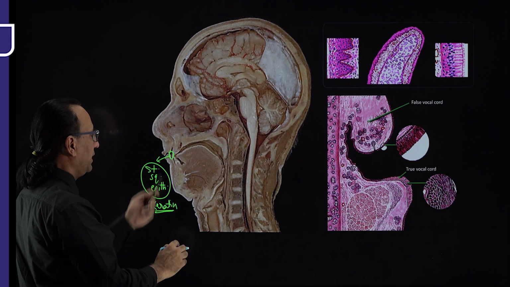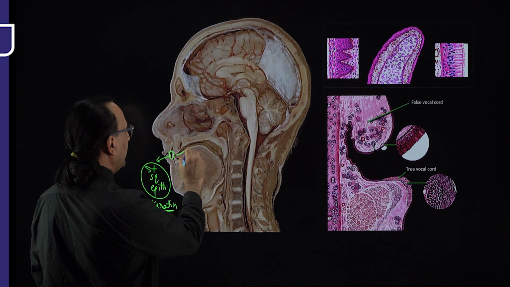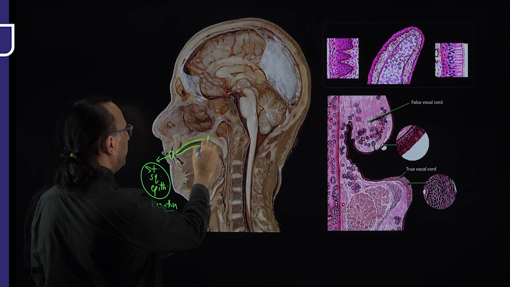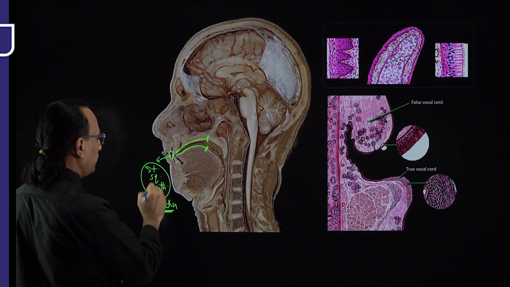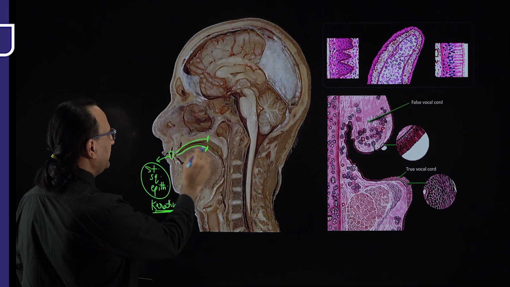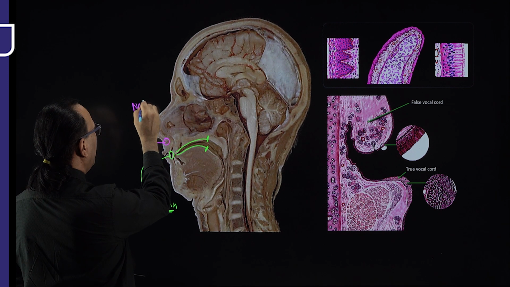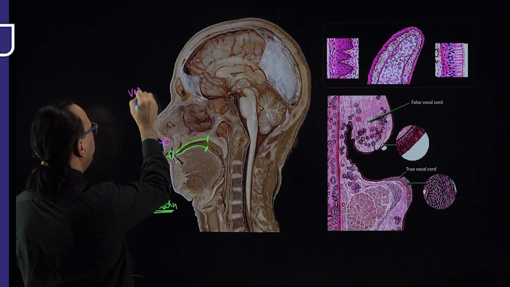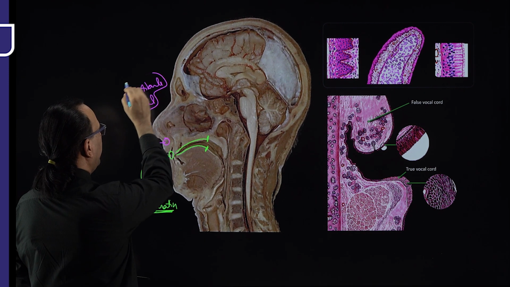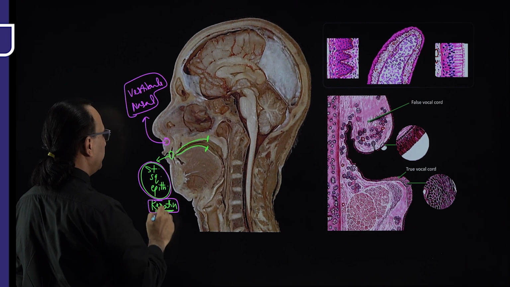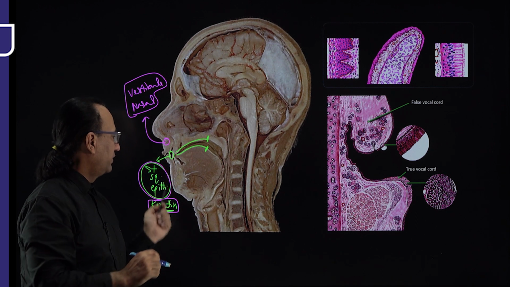May it be the lips or the dorsum of the tongue to a certain level, and even the hard palate, all is lined by the keratinized stratified squamous epithelium. The same can be seen even in the nasal vestibule. So as we look at the opening of the nose, the nasal vestibule, we'll find it is also lined by stratified squamous epithelium, which is keratinized. As per the rule, any external opening should have this epithelium.